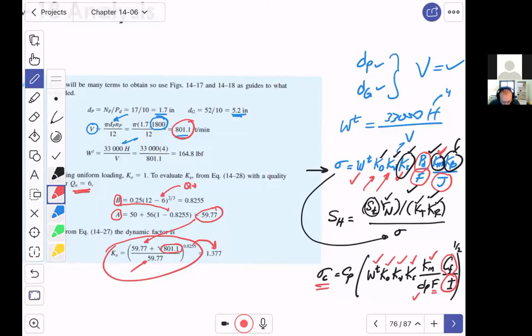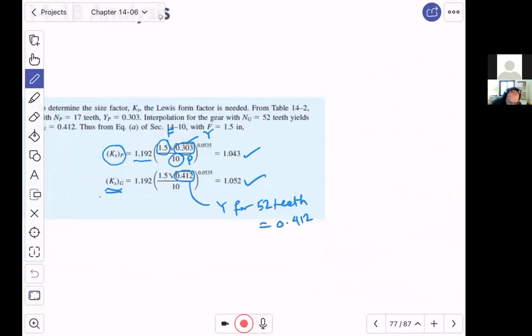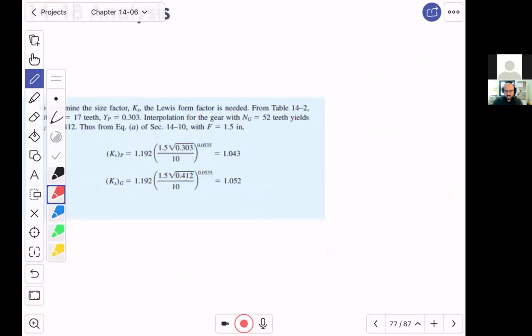So I hope you remember these equations very well. The next step, just to remind you, was to find KS. Now, KS as an equation is equal to 1.192 multiplied by the face width multiplied by the square root of Y, divided by the diametral pitch, to the power 0.0535.